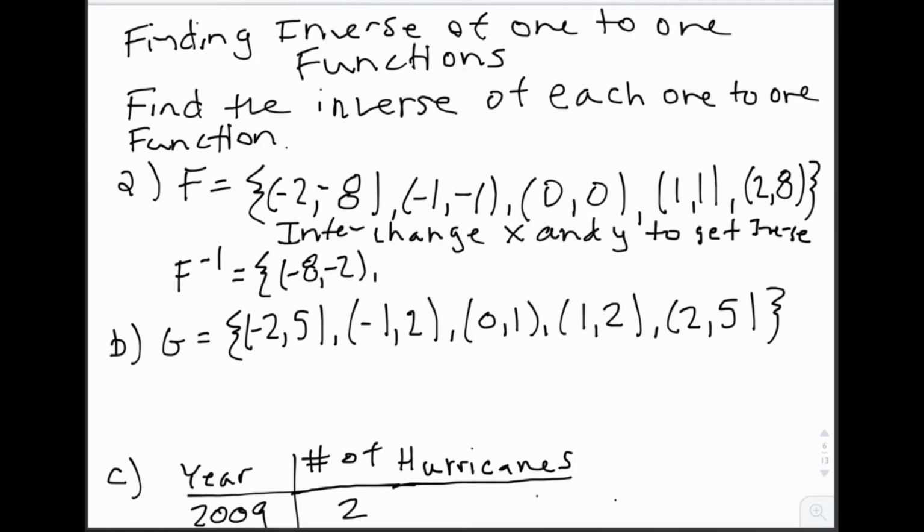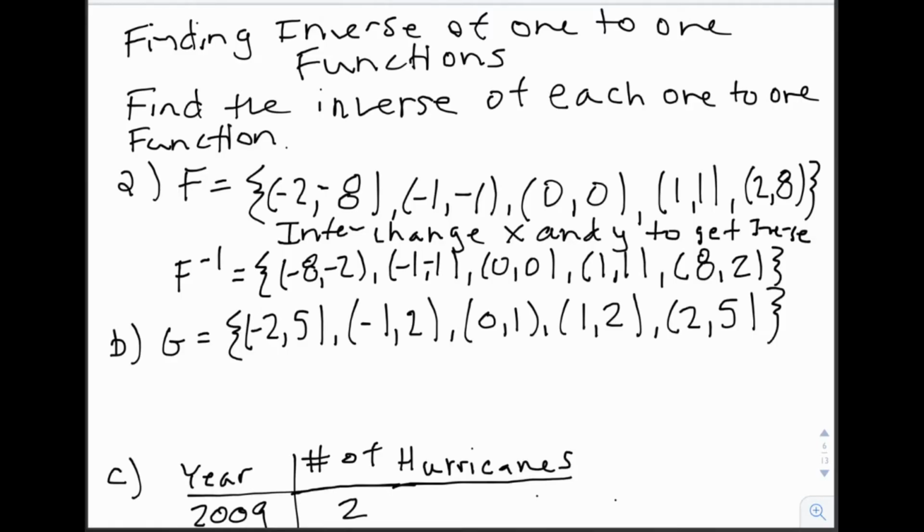So that will give us these values. 0 and 0 is just going to give us 0 and 0. 1 and 1 will give us a 1 and a 1. And then finally, our last values will be an 8 and a 2. So this should give us our f inverse. All we did was interchange our x and our y values in order to get our inverse. So we are good to go with our part A.